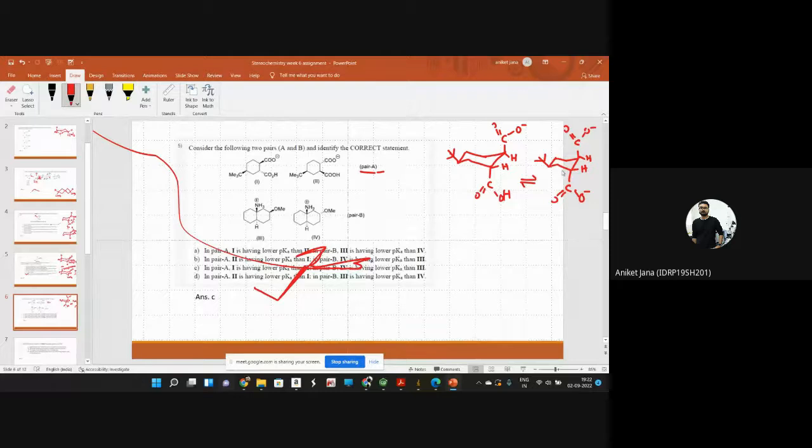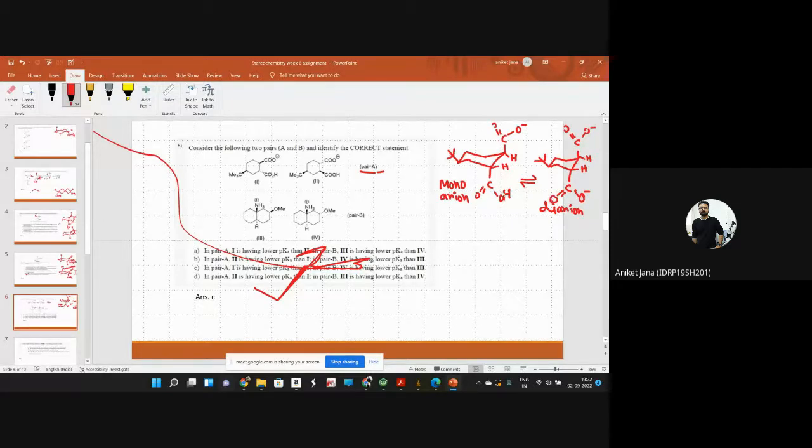Can you see it? It is a little bit outside the slide. Can you see it? Yes, sir. Okay. So this is the monoanion form, right? And this is the dianion. It has released the hydrogen ion, and it has become the O minus carboxy group.